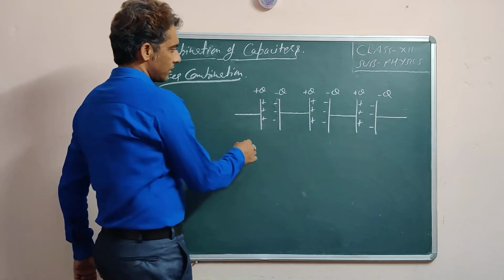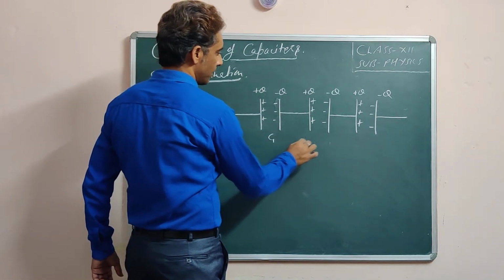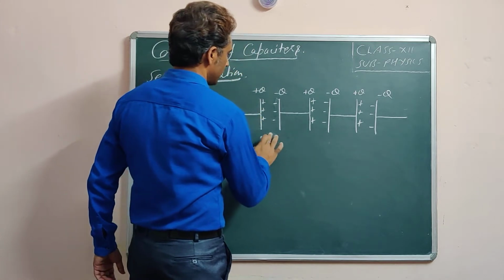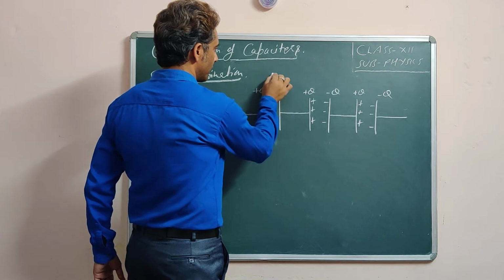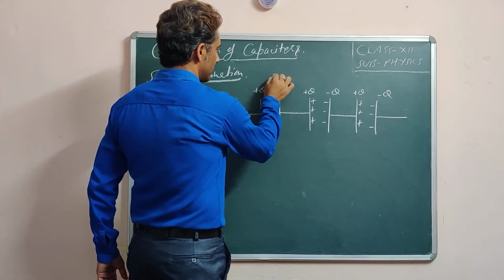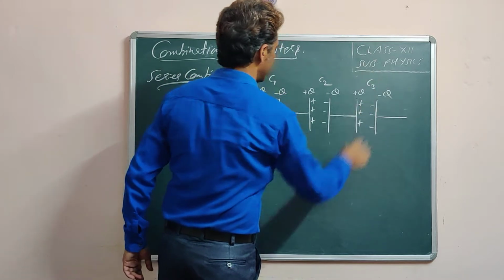So let the capacitance of this capacitor be C1. I write here C1, C2 and here C3.